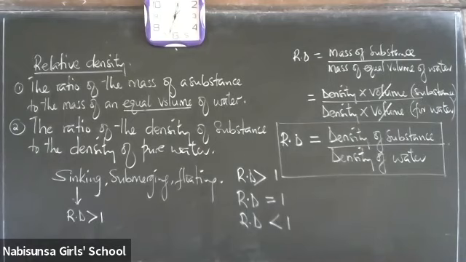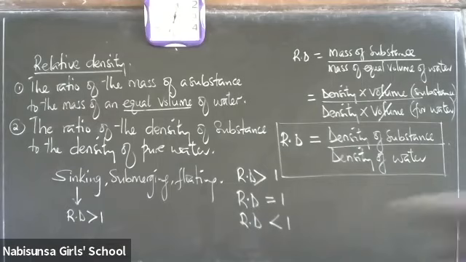So in a question I can say, gold is known to be denser than water. But some girl comes across a piece of rock and she claims it is gold. And they don't have other equipment to measure the mass and the volume of gold, and so on.